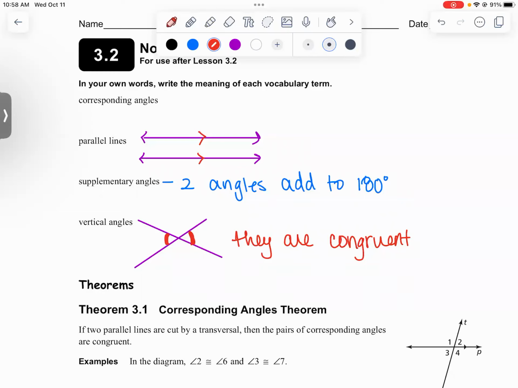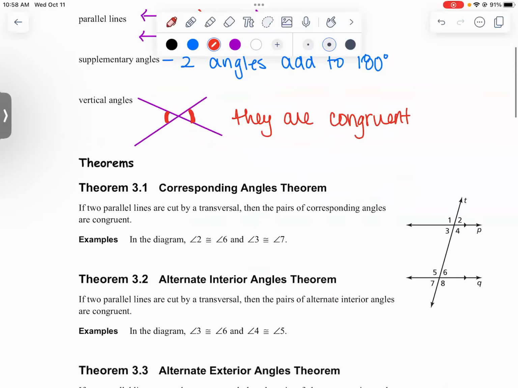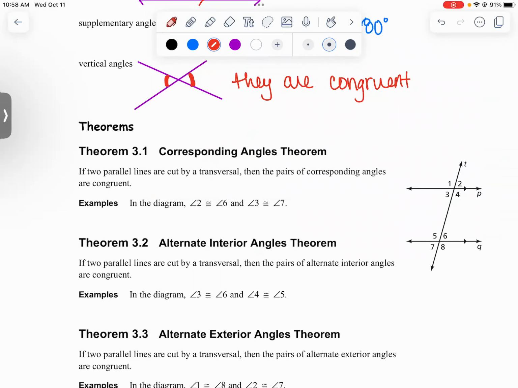All right. So here is the cool thing. If we have parallel lines cut by a transversal, okay? That is very important. If we have parallel lines cut by a transversal, then corresponding angles are congruent, okay?